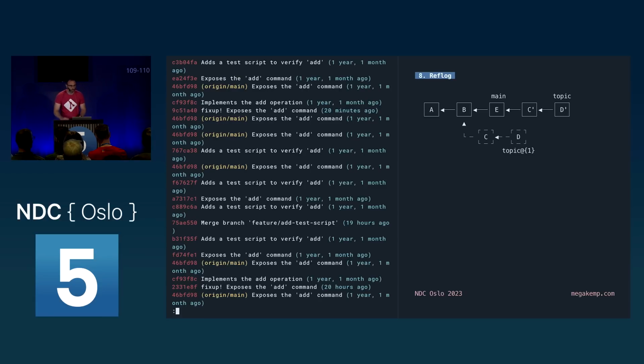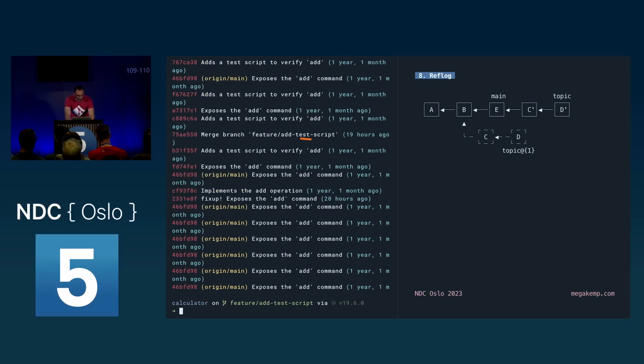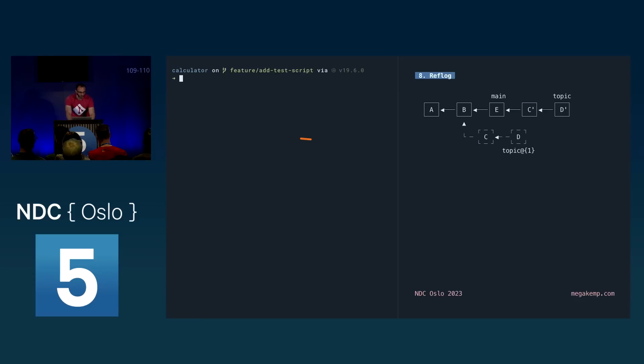And now you get all the commits that contain the word add, however you get them from the reflog. All right. And that's what we did right now, right? We reset the topic branch to the entry in the reflog, and now we're back to that situation again.